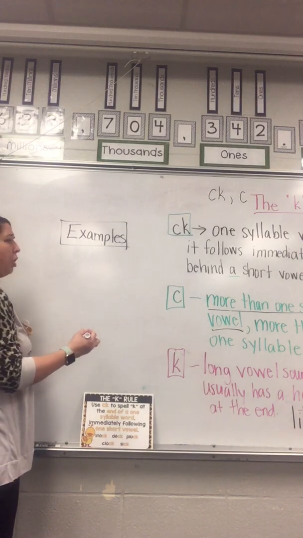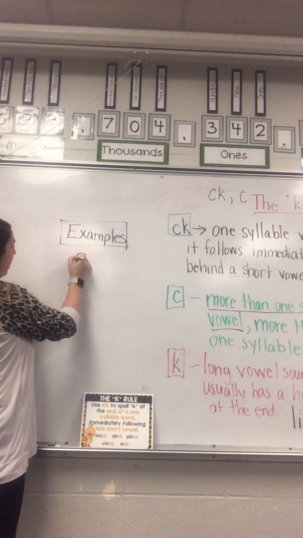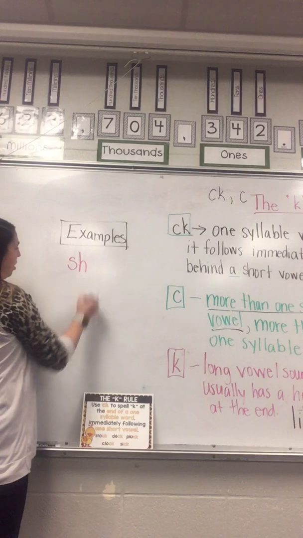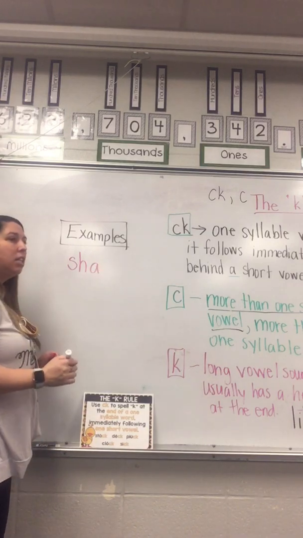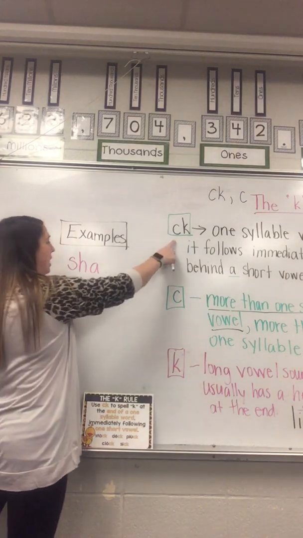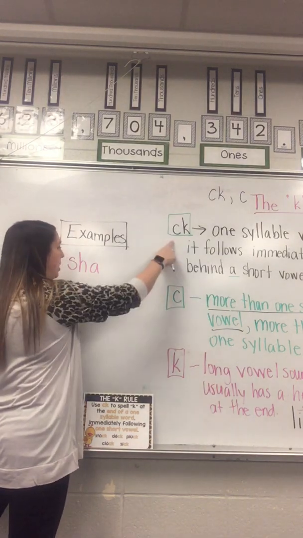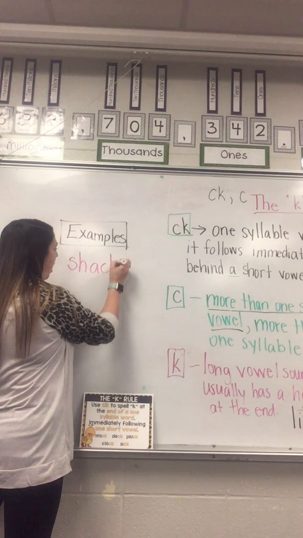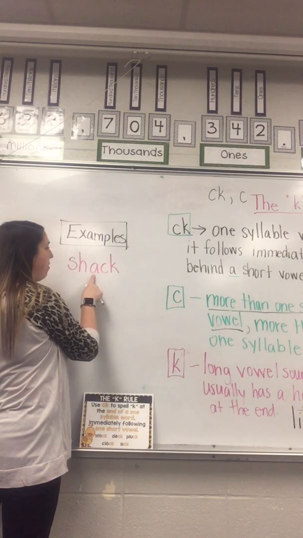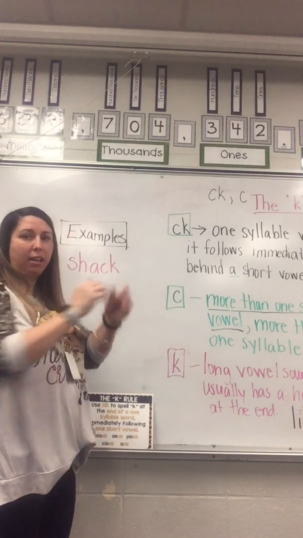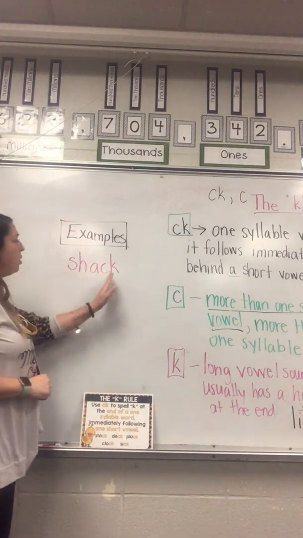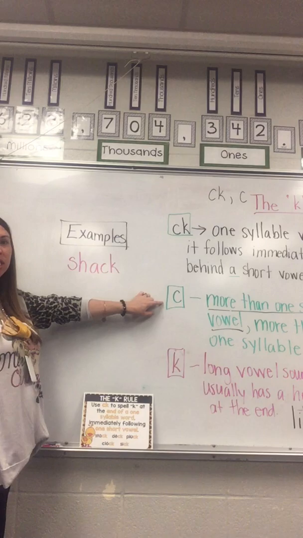We go sh, and I know that's a digraph, SH. Then a, so it's short A, and then k. So am I using CK or C? If you said CK, you're correct. I would use CK because it's a short vowel and it's a one syllable word, shack. So I would use CK instead of just C.